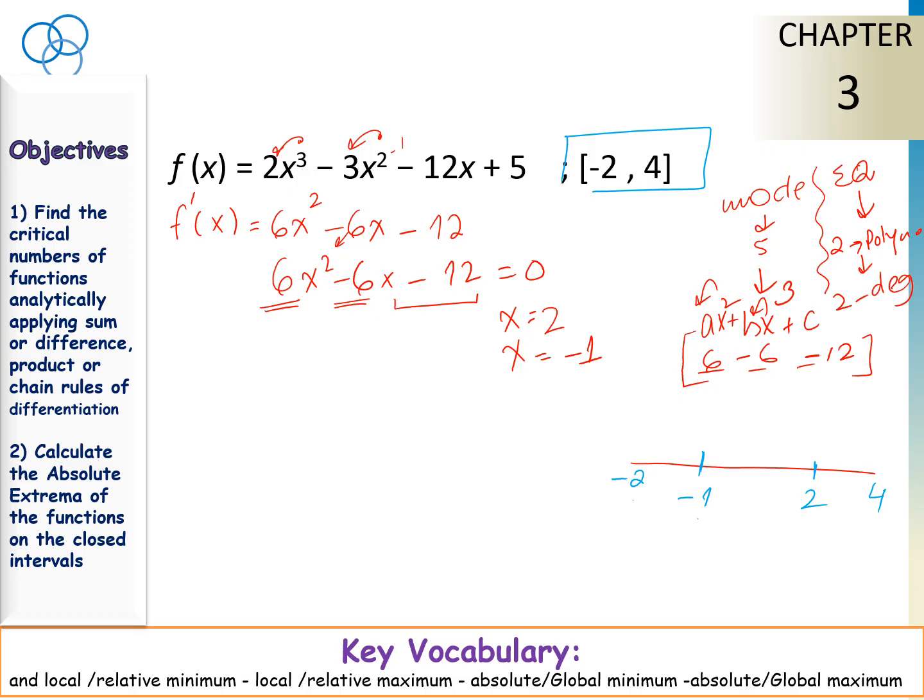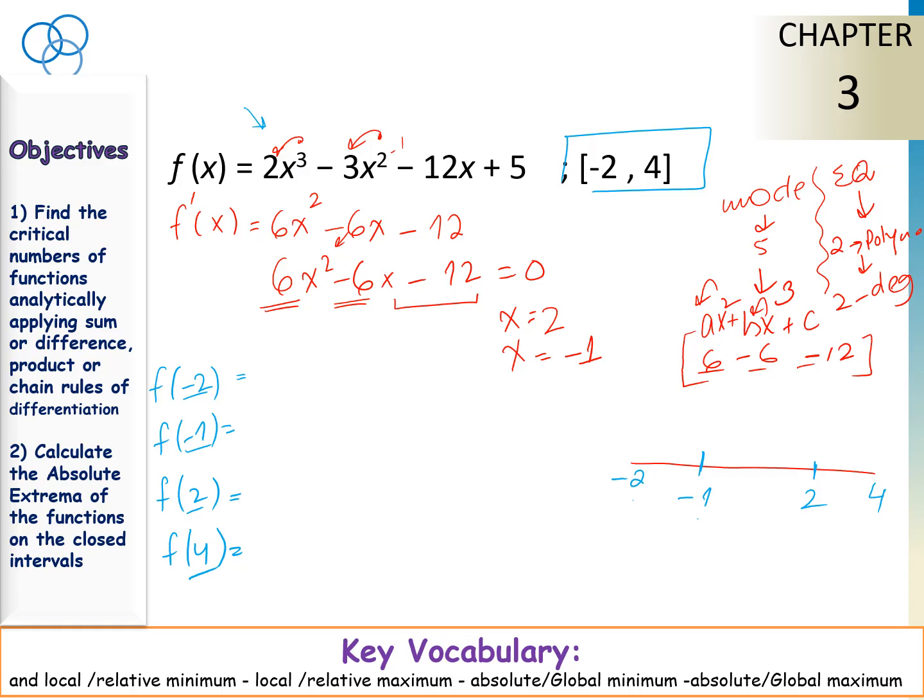So you have 4 points where you will find the y values: f of negative 2, f of negative 1, f of 2, and f of 4. To find the y values, you have to substitute these values one by one in the original equation.